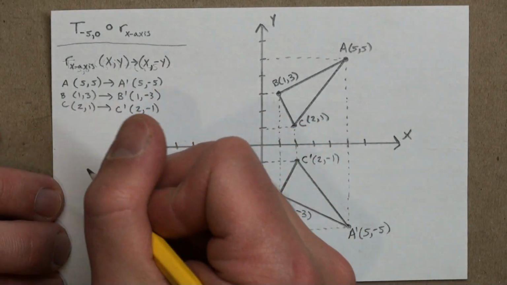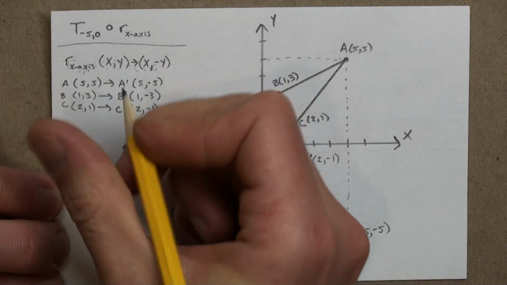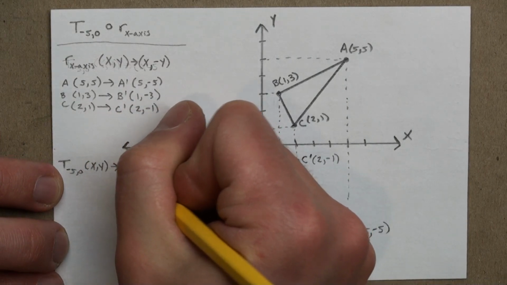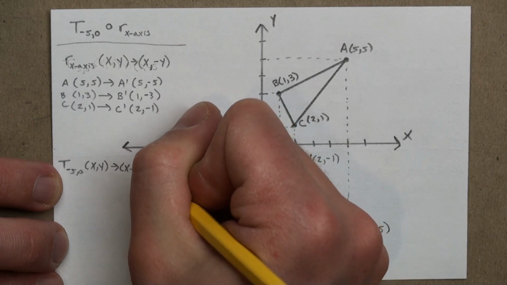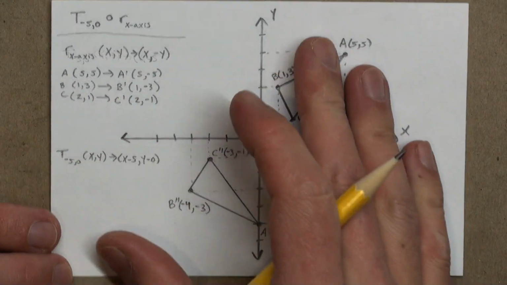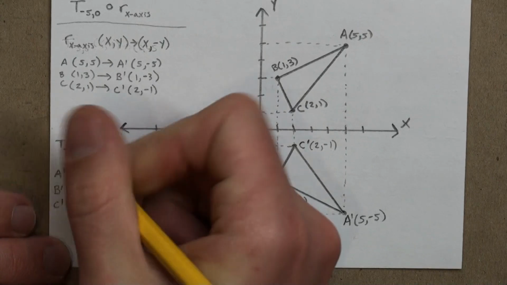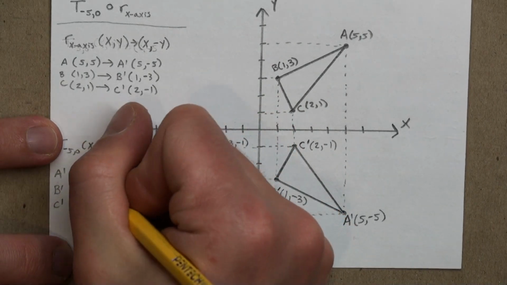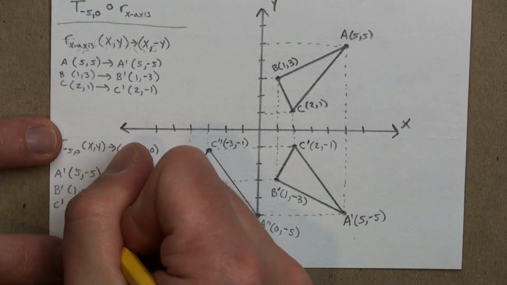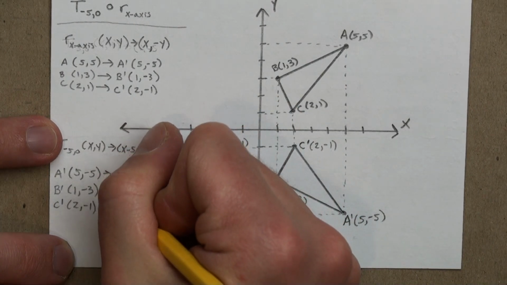Then I did a translation of negative 5 comma 0, which takes all x comma y's and makes it x minus 5, y minus 0. So this time I started with my A prime, B prime, C primes, which was 5, negative 5, 1, negative 3, 2, negative 1, and they became the double primes.